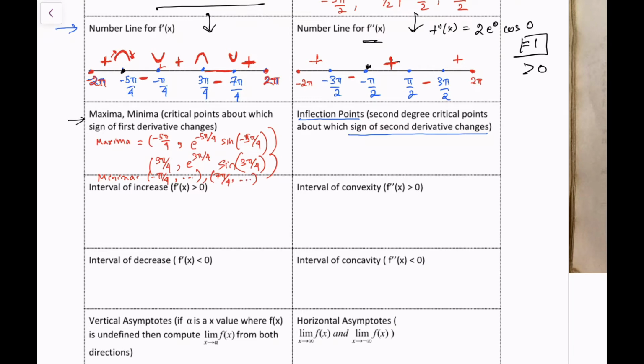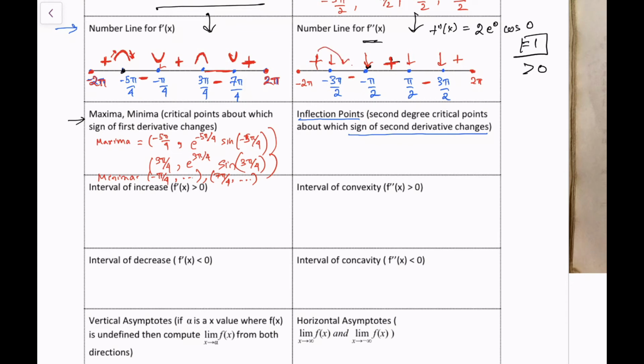So as I said, this is a lot of careful work and a lot of cataloging of the work that you do. We will find the inflection points in a similar way. Inflection points are points wherever there is a change in sign of the second derivative about the second degree critical point. So about each of these second degree critical points, we have a change of sign of the second derivative.